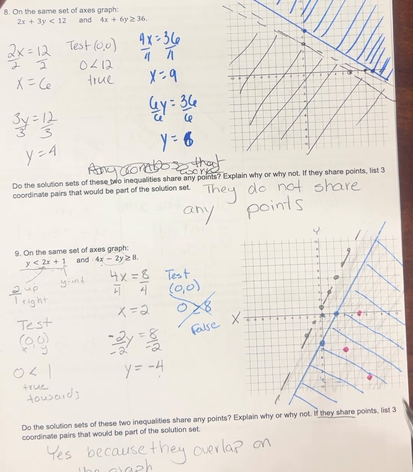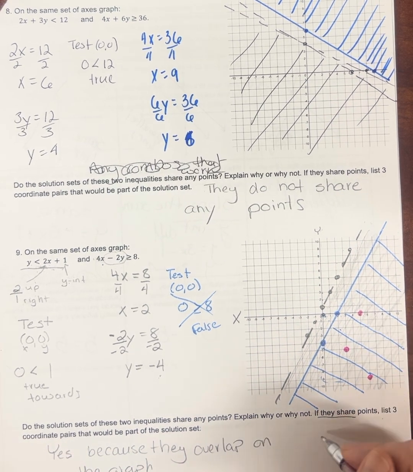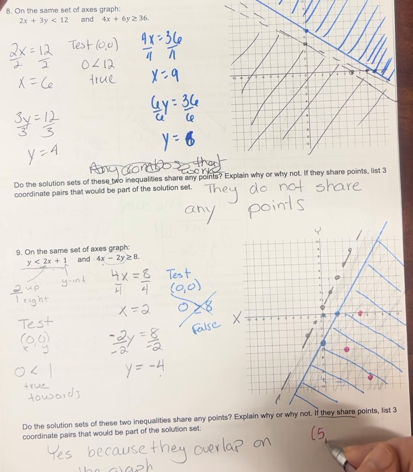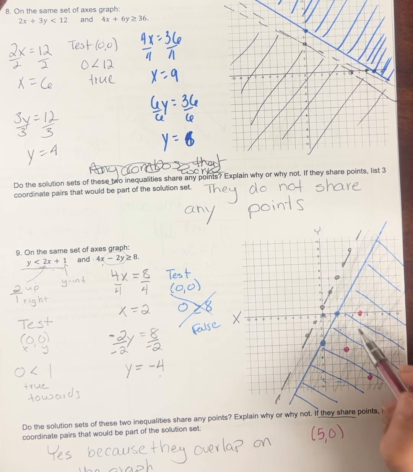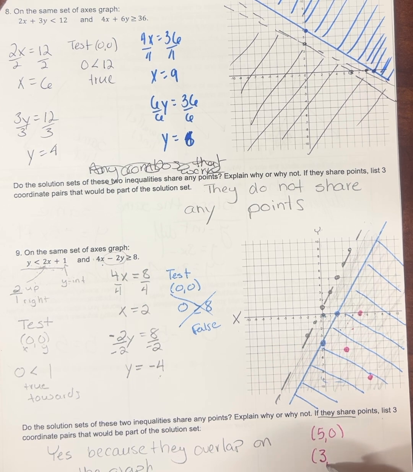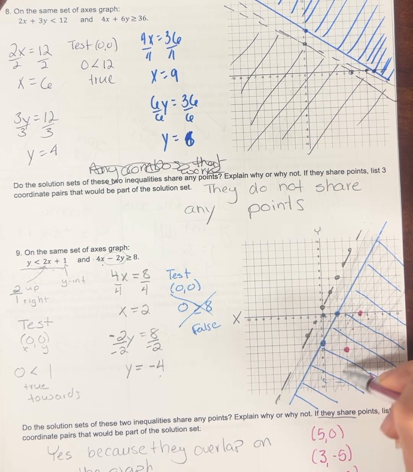Okay, so 3 points. 5, 0 is 1 point that works. 3, -5, and 6, -9. Of course, you can pick any of these points where they overlap.